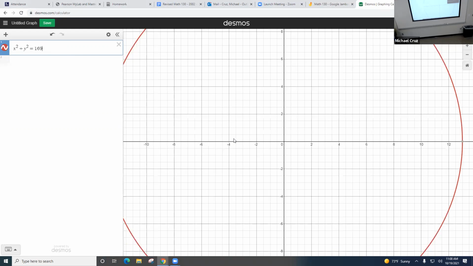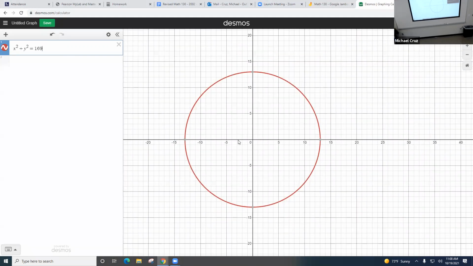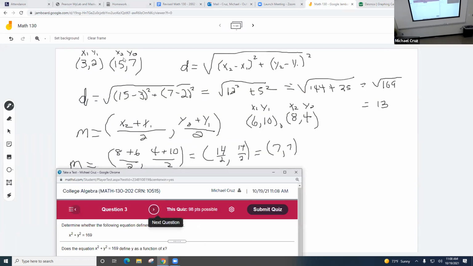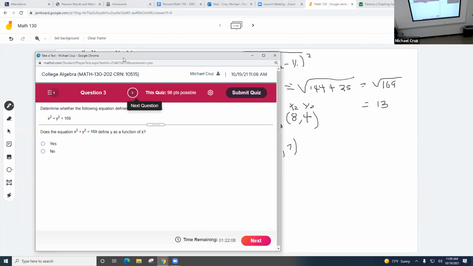What does that mean about the functionality? Is that a function? No, because the reason why I drew it out there is that it allows you to use a vertical line test. But let's go back to this and look at the x squared plus y squared.